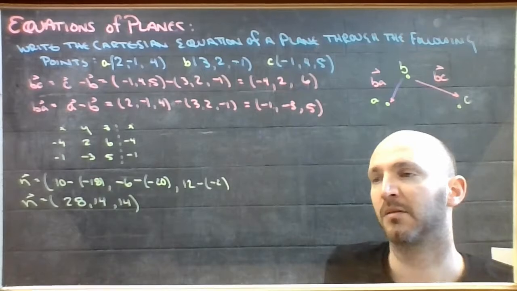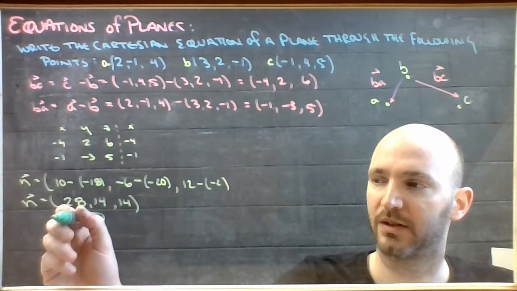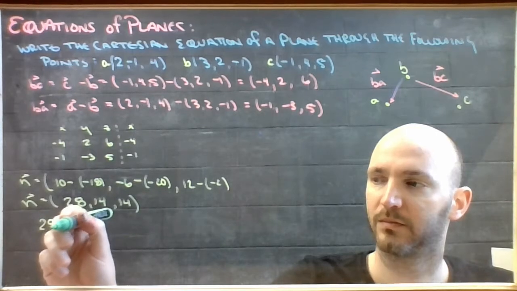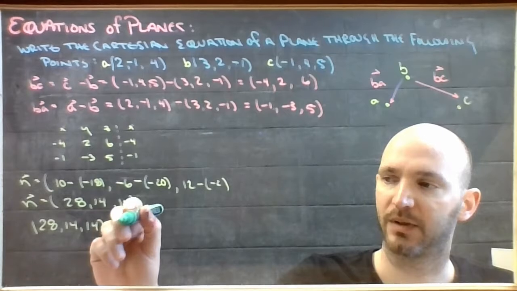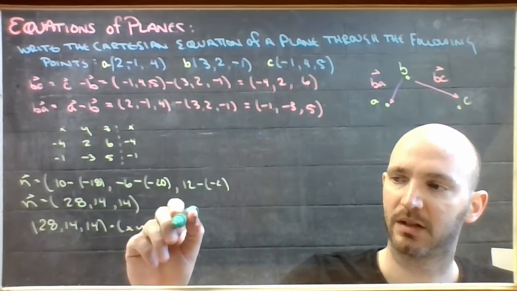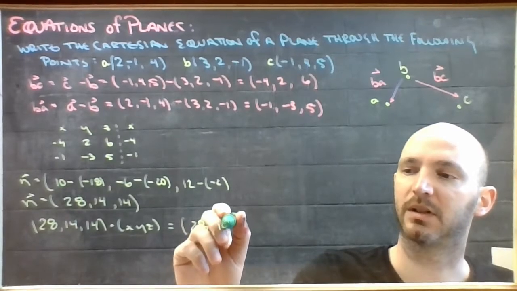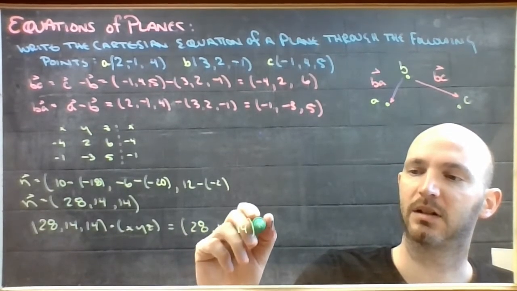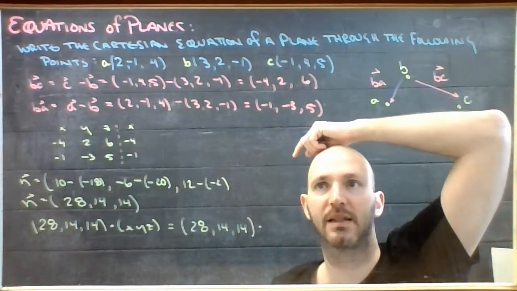No problem. Okay, so to get your Cartesian equation, you need to do the normal, 28, 14, 14, dotted with the generic point, equaling the normal, 28, 14, 14, dotted with a specific point inside the plane.